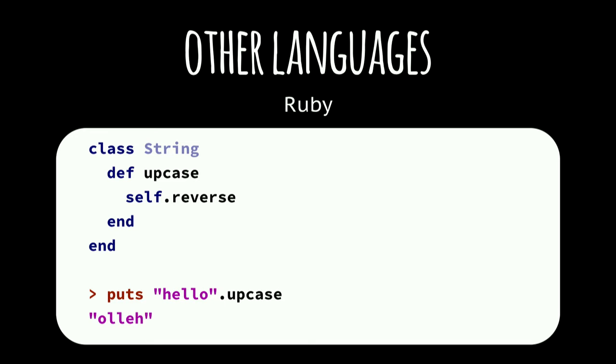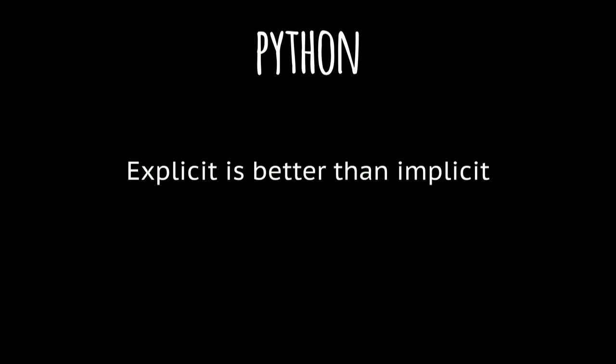So, what about Python? I believe that everybody here remembers the Zen of Python and one of the most important statements in it. Explicit is better than implicit. Monkey patching doesn't satisfy this requirement because instead of raising explicitness, monkey patching makes Python code less readable and more difficult for understanding.